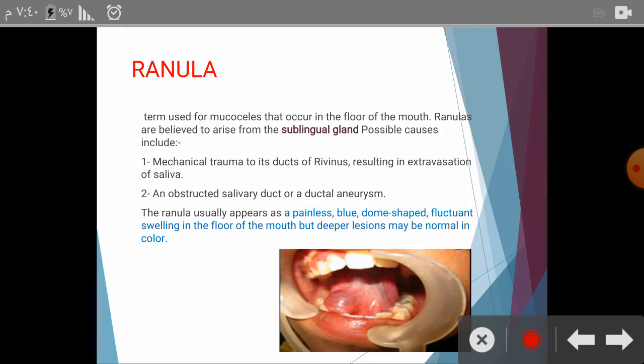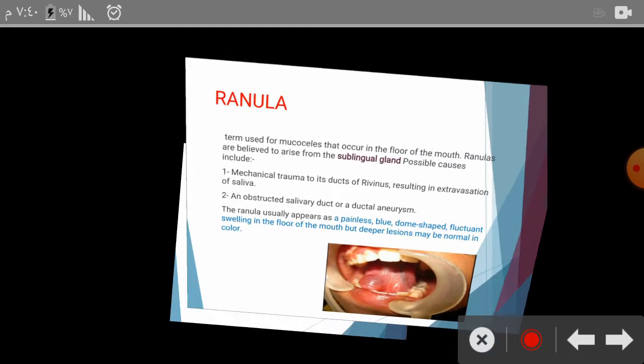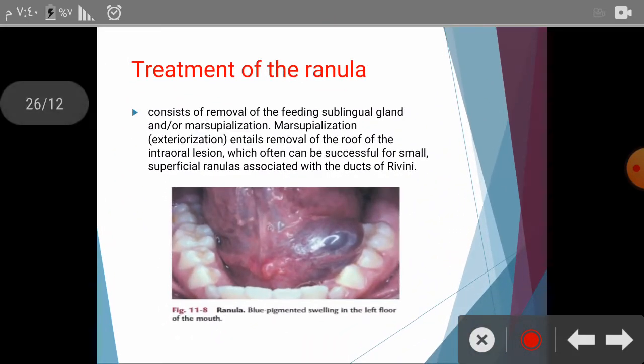The ranula usually appears as a painless, blue, dome-shaped swelling in the floor of the mouth, but a deeper lesion appears normal in color. The treatment of ranula consists of removing the entire lesion.